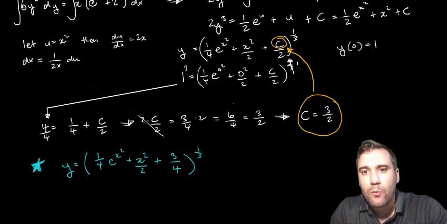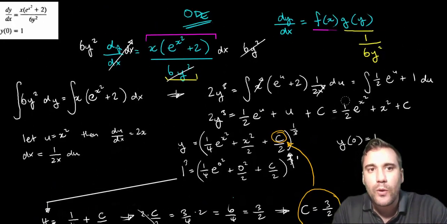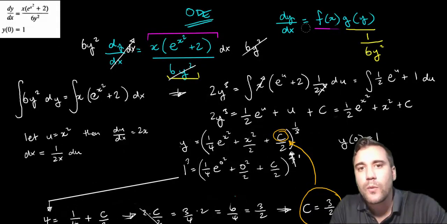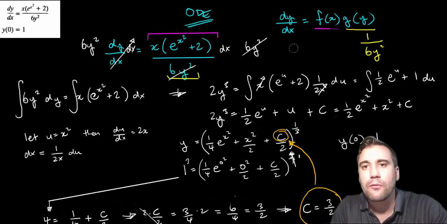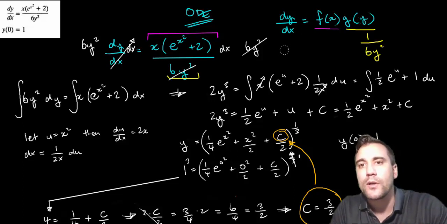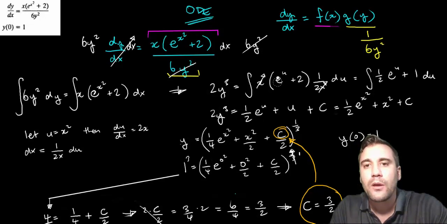So just to recap what we did all together, from the beginning, we were given a differential equation and an initial condition. The first thing we did was determine: is this differential equation separable? To determine that, we had to find out if we could get it in the form y prime is equal to a function of x multiplied by a function of y. We figured out that we could do that, and so we decided this differential equation is separable.